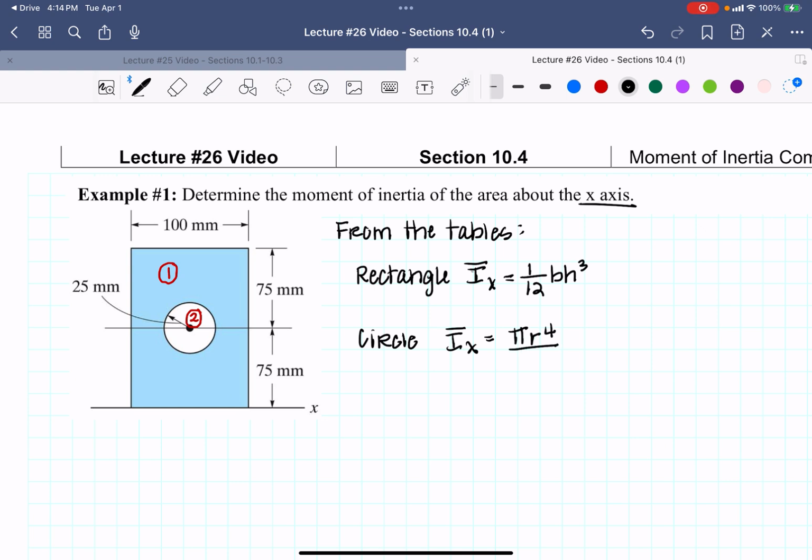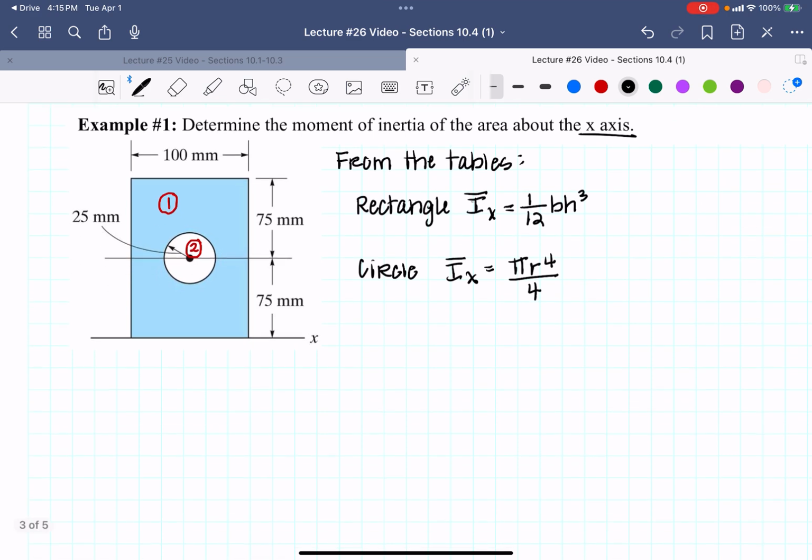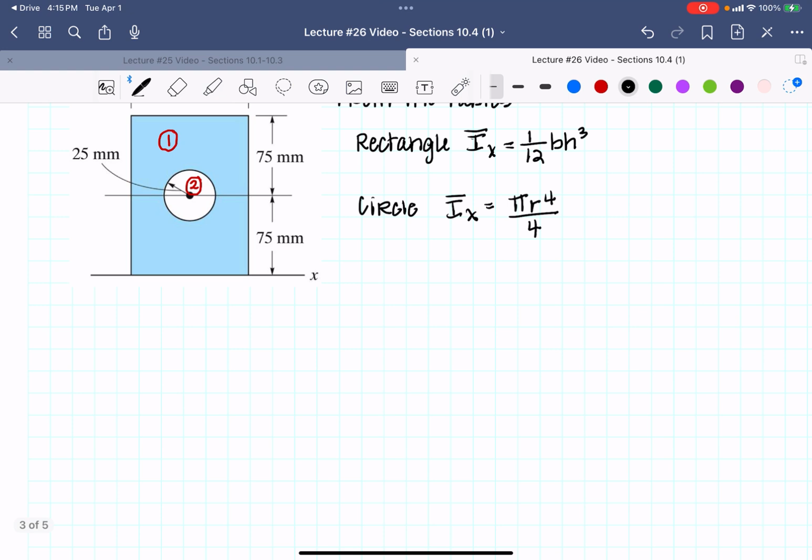All right, so we are going to use our handy dandy tables like we did for our centroids. In order to use our tables, we need to figure out what we need. So first, I'm going to have whichever part we need. I then need to calculate the area. I need to calculate the perpendicular distance, which in this case is going to be in the y direction from the axis.